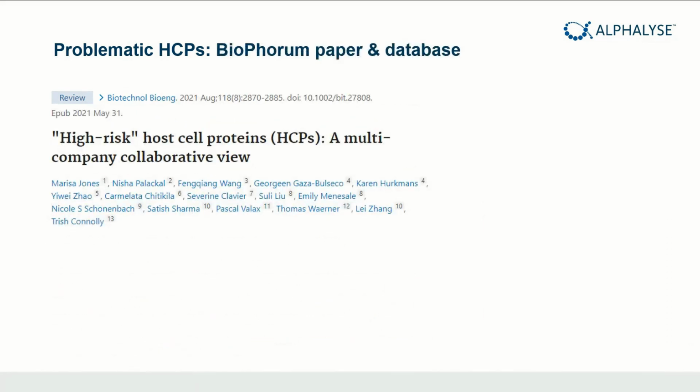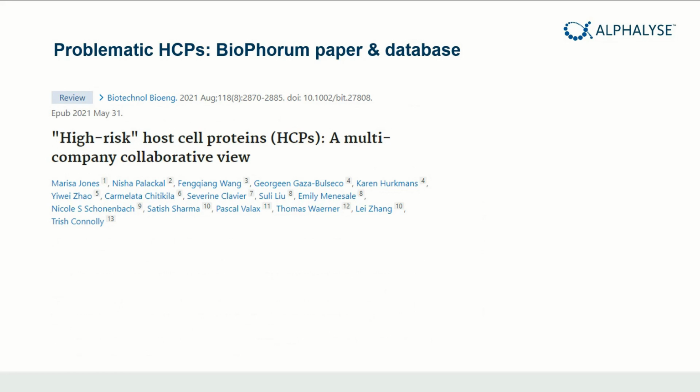There was also a third paper published by the BioPhorum group in the UK, by a consortium of many different biotech and pharma companies, where they combined all the knowledge on different potentially problematic HCPs in different products.